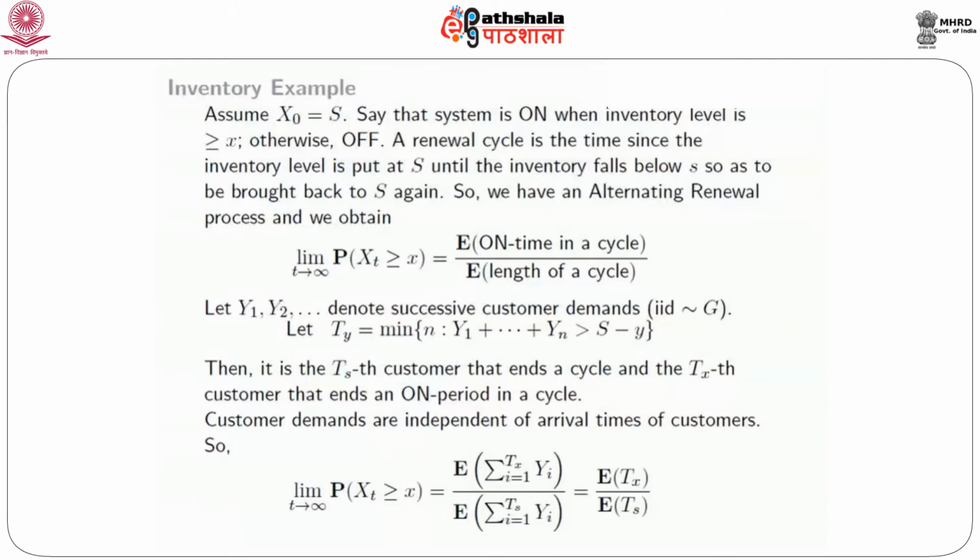So what is it that is being used here? What we are using here is that the arrival times of the successive customers are independent of the Y's, the demands.